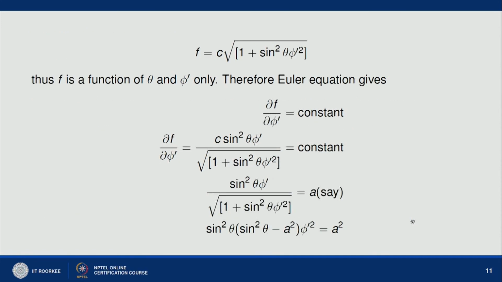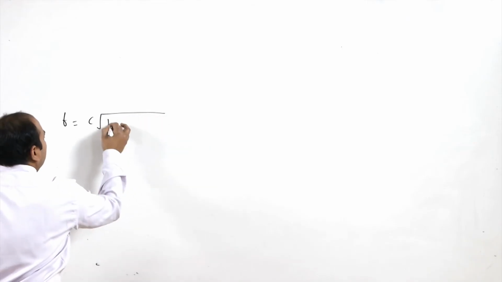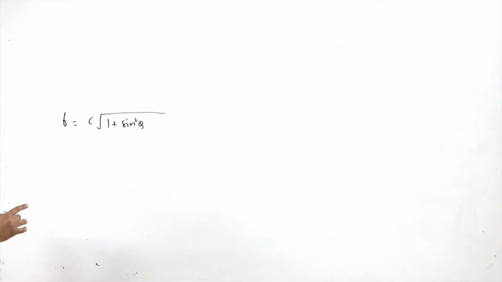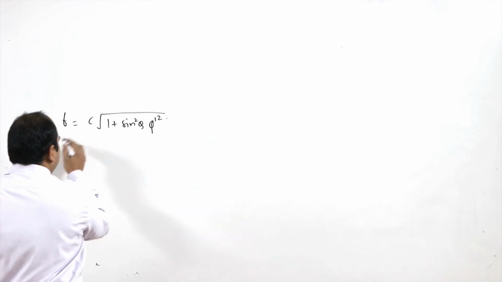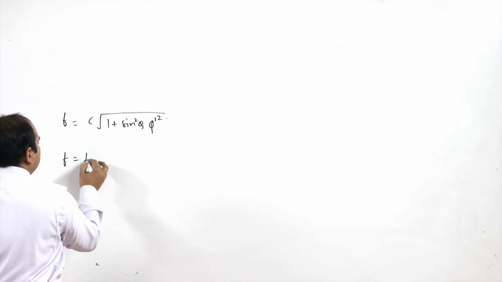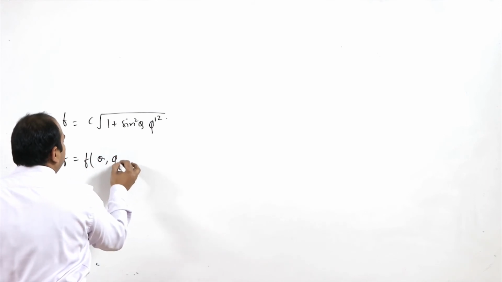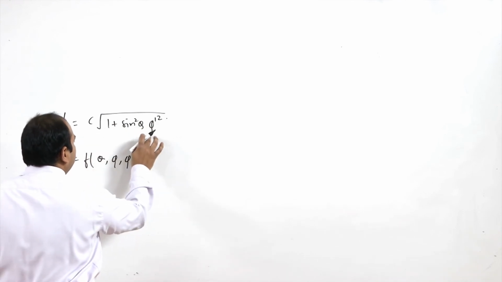So your f is c under root 1 plus sin square theta phi dash square. So f is a function of theta and phi dash, and it is independent of phi.